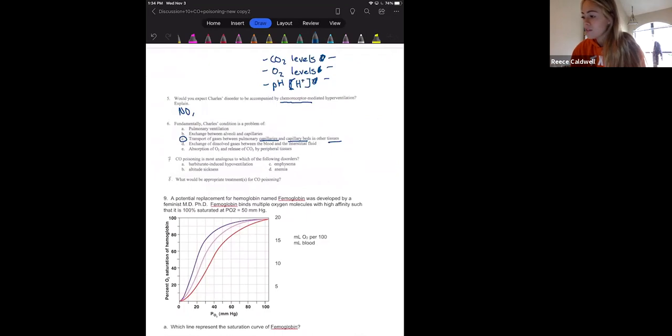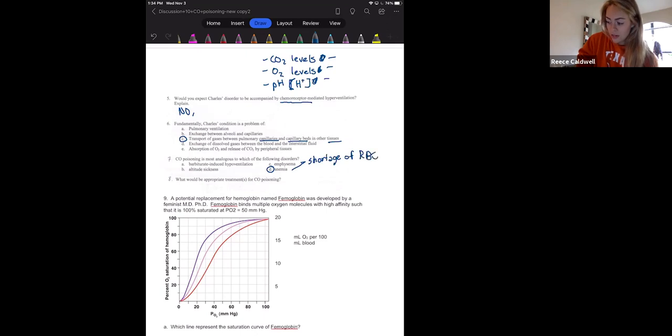All right, number 7, which disorder is most similar to carbon monoxide poisoning? So again, this is an issue that's occurring in the blood. So the disorder it's most similar to is anemia. If you've never heard of anemia before, it is a shortage of red blood cells.